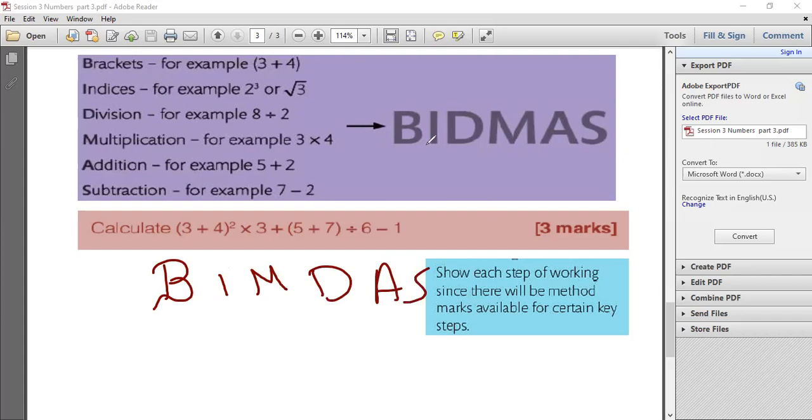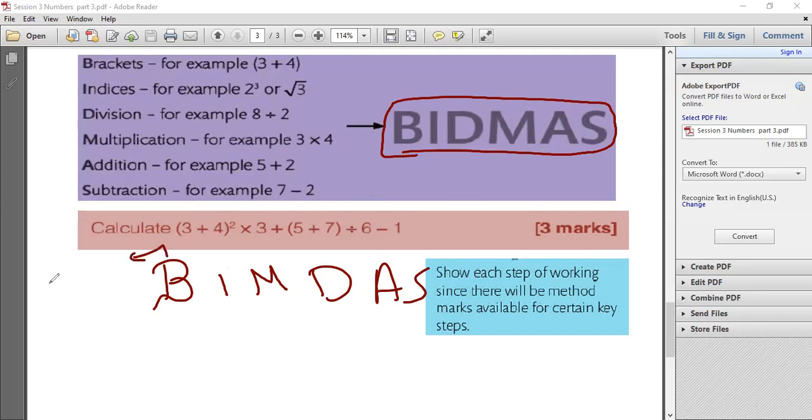If we see plenty of operators in the question, it decides which operator we should start with. Here it's also called BIDMAS. So if you use PEMDAS or BIDMAS, it's the same, it doesn't matter.